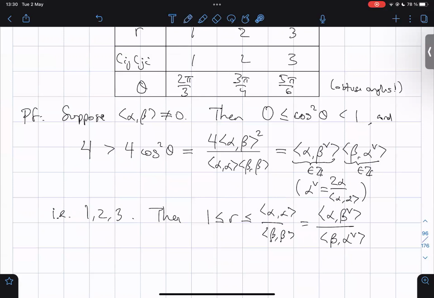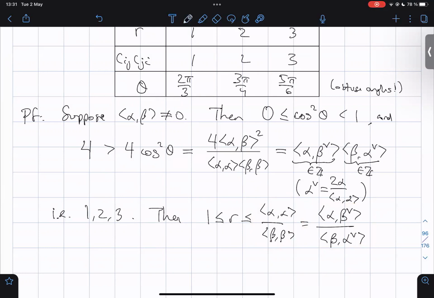Basically I've inserted this alpha beta, which by hypothesis is non-zero. And then those factors of 2 cancel, but those extra denominators are there. So you can check that this expression is equal to this expression right here.